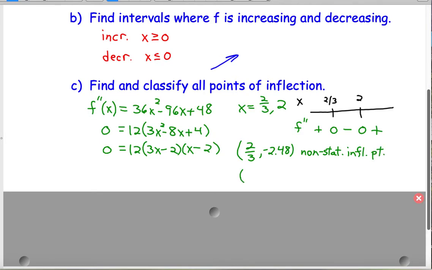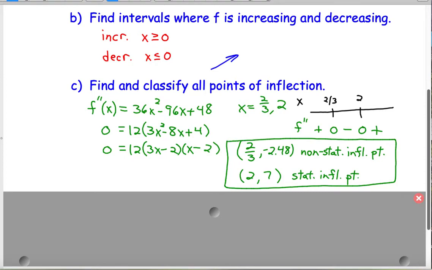And then when x equals 2, f of 2 is equal to 7, I believe, and that would be a stationary inflection point. And all that a stationary inflection point means is that the tangent line is horizontal at that point, like y equals x cubed at x equals 0. That's a stationary inflection point.